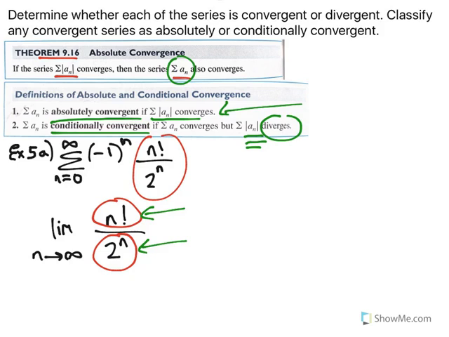Because of this, the numerator will increase much faster than the denominator. So as n goes to infinity, the limit here is infinity. More significantly, it's not equal to 0. So by the nth term test for divergence, we know that this particular series in example 5a will diverge.